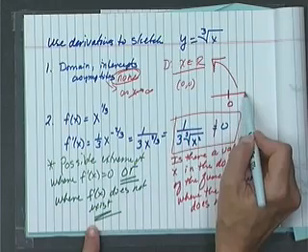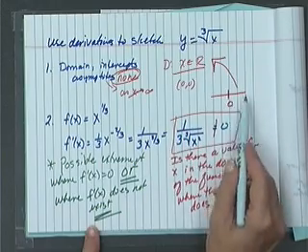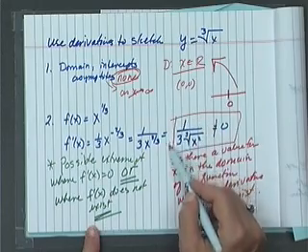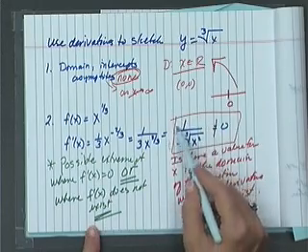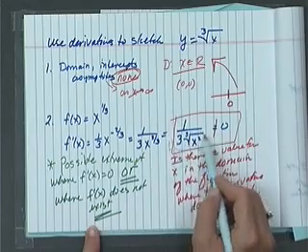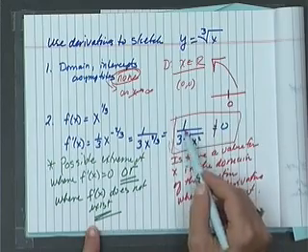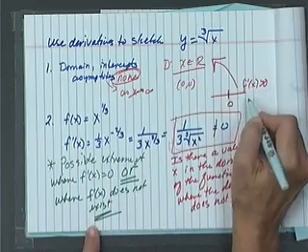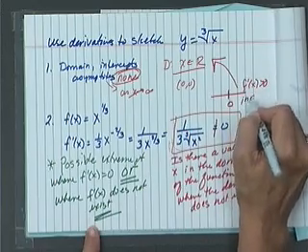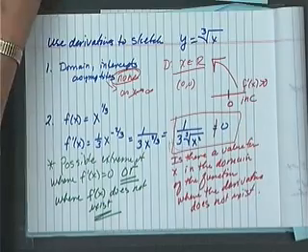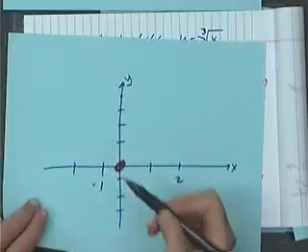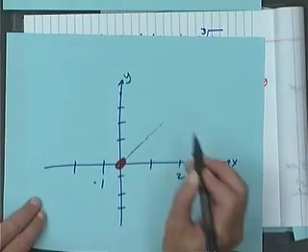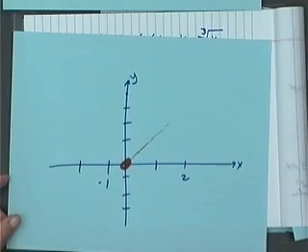If I pick a number bigger than 0, what do we know about the first derivative? Positive, right? So the first derivative is positive, which means the graph is increasing. So let me draw that little increasing. As long as I'm bigger than 0, the curve is increasing.